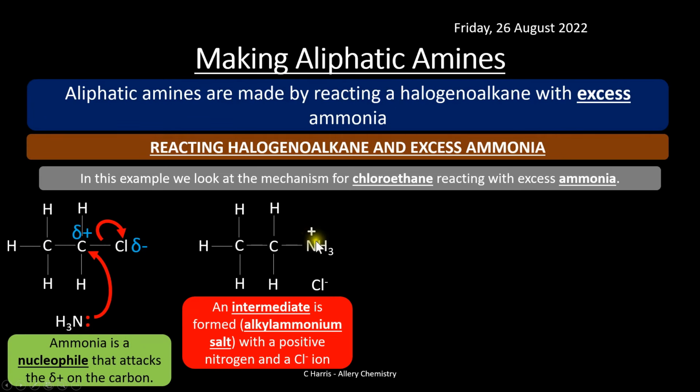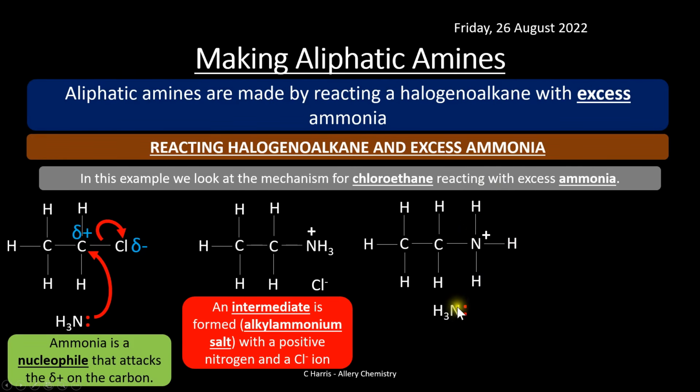Now the problem is this is not very stable, because it has a positive charge here and that has a negative charge, but it's floating around on its own. So this is where you need an extra ammonia molecule. This is why we use excess ammonia, because you need 2 molecules of ammonia per molecule of halogenoalkane. I've taken the NH3 and split it up into the displayed formula, so you can see where the N+ is and the hydrogen.